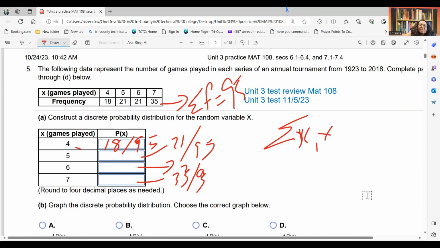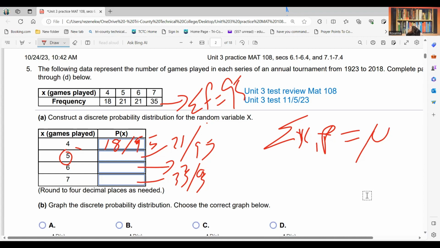You're doing it with a calculator, so it's going to do it for you. When you finish, you add them all up. So Σx times P, and that is when you get the mean.